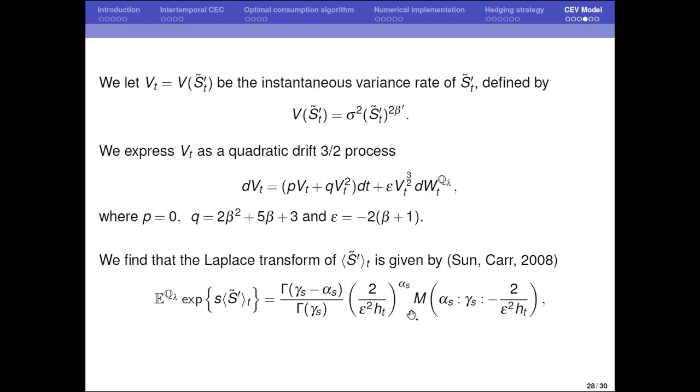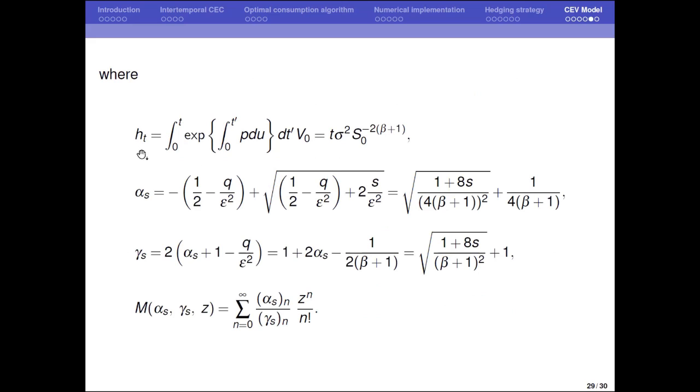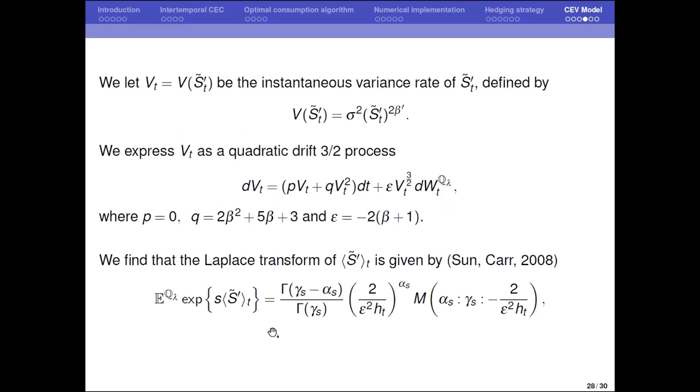And well, this is the expression where H_t is in terms of the stock price at time 0, alpha depends on S and beta, gamma depends on S and beta also. And we have that this is a convolution, the hypergeometric function, confluent hypergeometric, and this is in terms of gamma functions also.